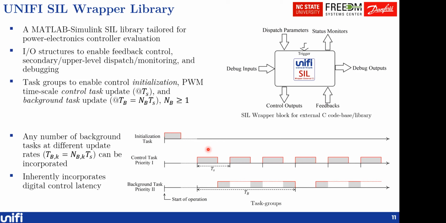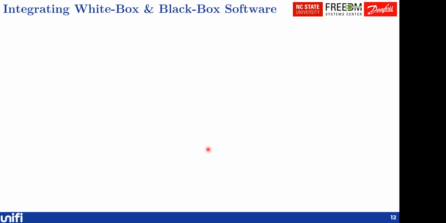So with that, now let's take a look at how you can integrate white box software and black box software. What do I mean by white box software integration? Let's say you already have access to the actual C code files that you will program into a power electronic hardware.